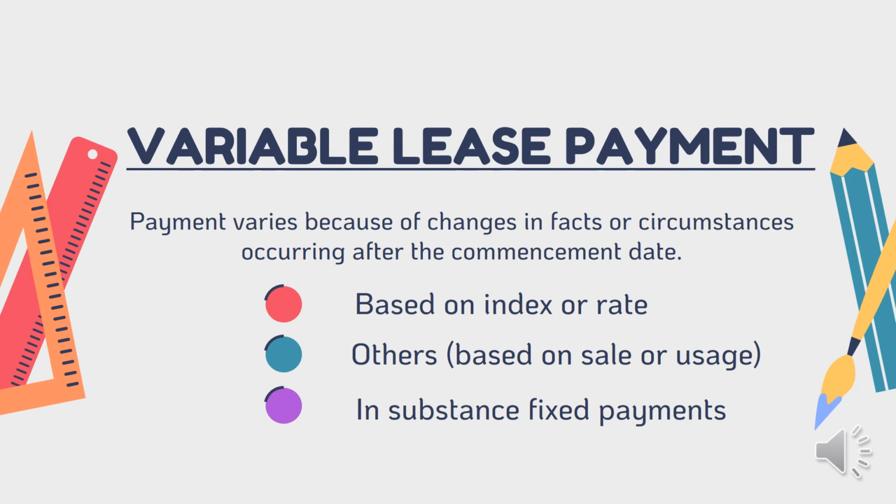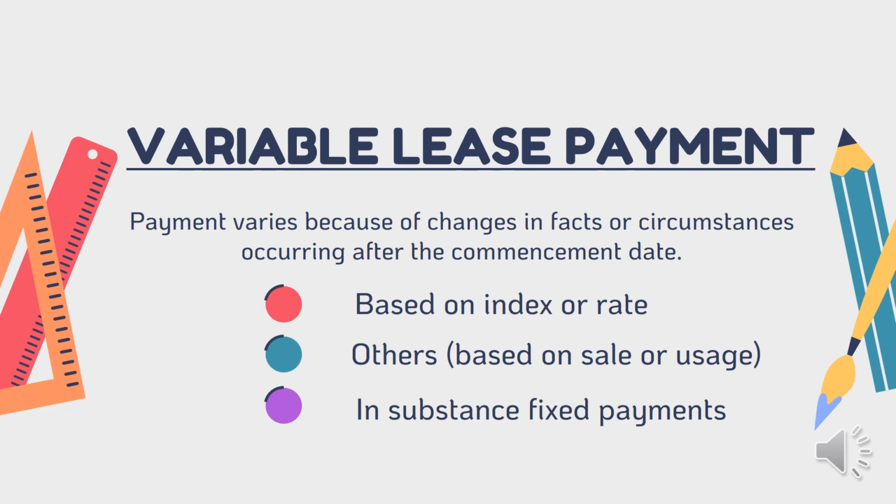Variable lease payments are payments made by the lessee for the right to use the underlying asset during the lease term that vary because of changes in facts or circumstances occurring after the commencement date, other than the passage of time. In other words, the accounting for variable payments depends on the variability nature.